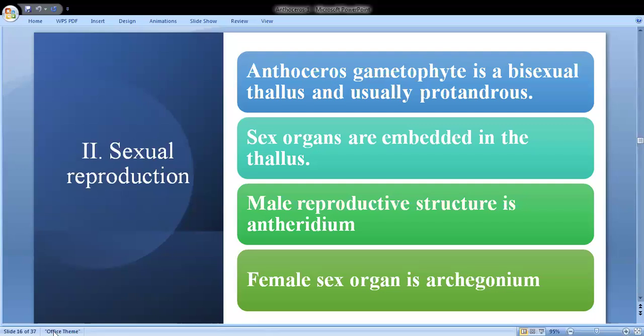So in the plant that is bisexual, bisexual means male and female sexual organs. Androecium and gynoecium are there in the plant, male and female sexual organs. So the male sexual organs develop before the female sexual organs.